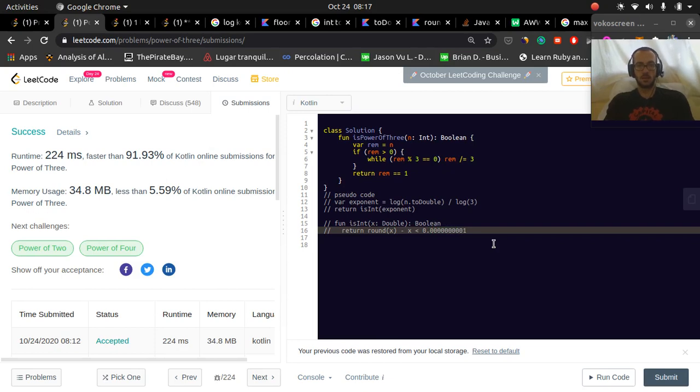Okay. And we have to do the absolute value, because if this is like 1.01 and we round this, then this will be a negative number. So we'll just wrap this in the absolute value.